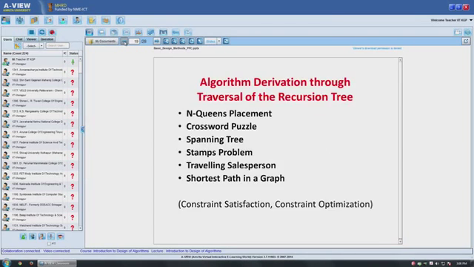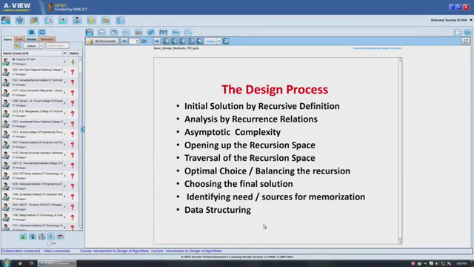So, in conclusion, there is only one thing that you will remember out of this course, that here is the process that we are trying to build: you build an initial solution, you analyze it, and then the traversal of this recursion solution.